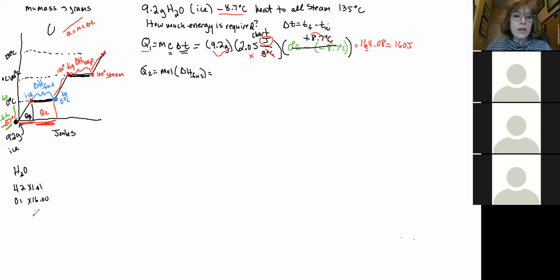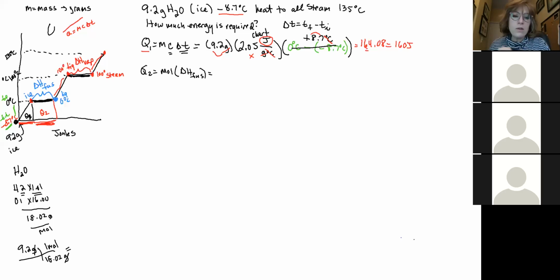Add it all together, it's 18.02 grams per mole. Don't forget to multiply before you add. So now that's the molar mass, and I'm going to convert 9.2 grams to moles. So 1 mole is 18.02 grams.